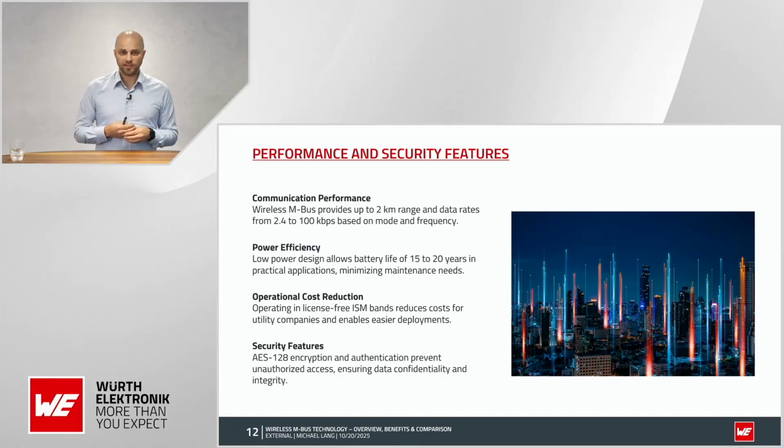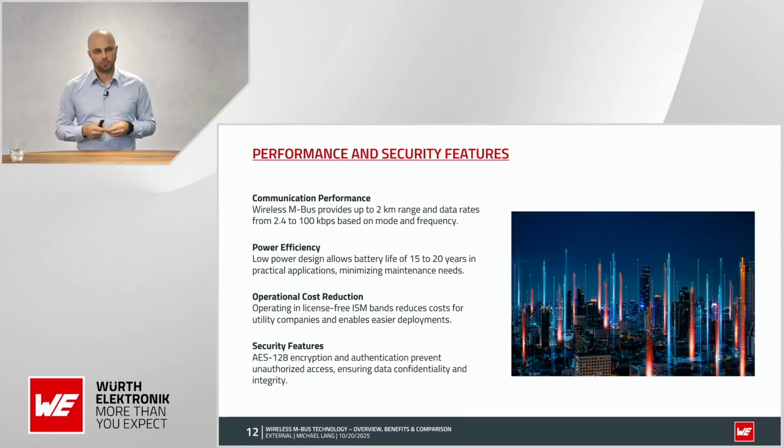The performance and security features are shown here. First of all, we have a very good communication performance. As I already said, sub-gigahertz communication makes it easy to realize ranges up to 2 kilometers or even more in special parts of the standard, in special modes.